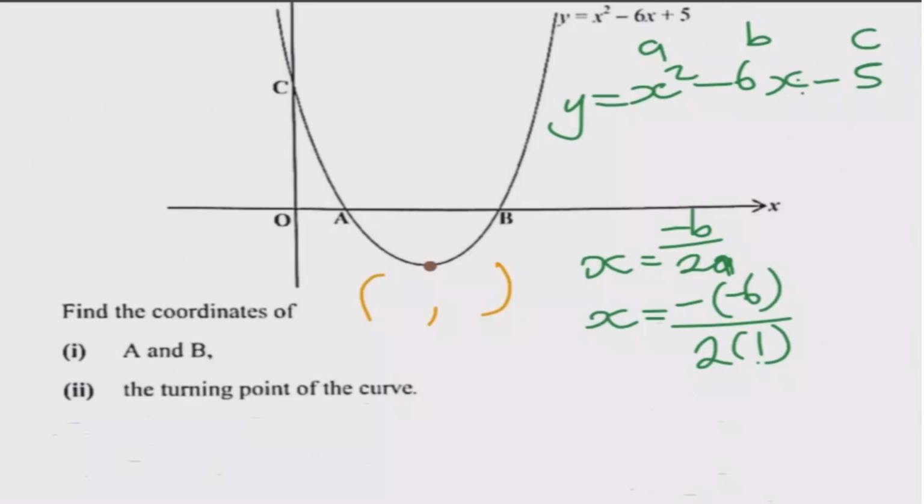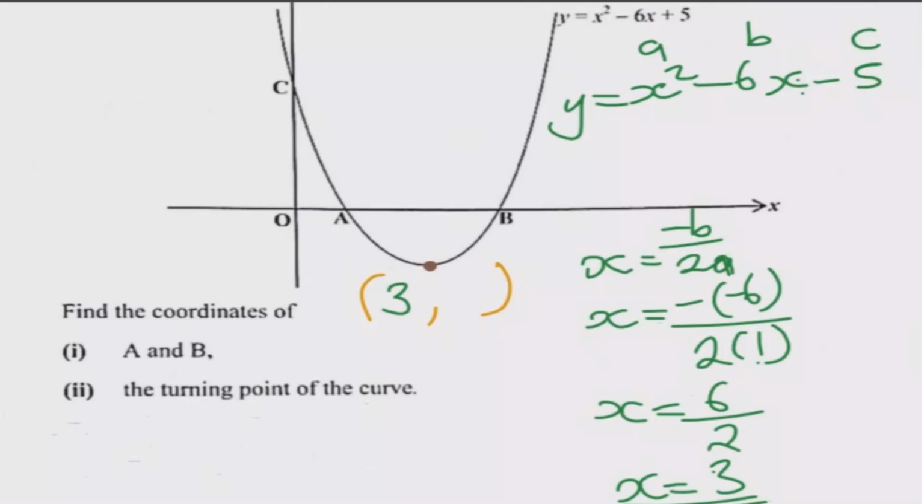Then x is equal to negative times negative 6, which gives us 6, over 2 times 1, which gives us 2. Then x is equal to 6 divided by 2, which gives us 3. So the correct answer is x is equal to 3. So where there is the space for the coordinate for x, we are going to put 3 there.